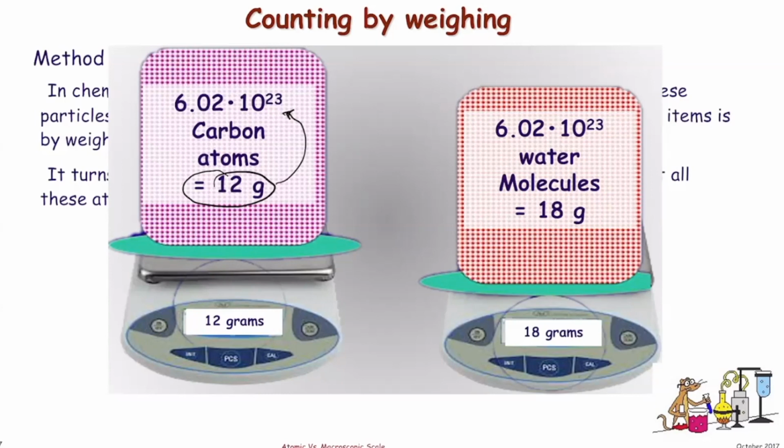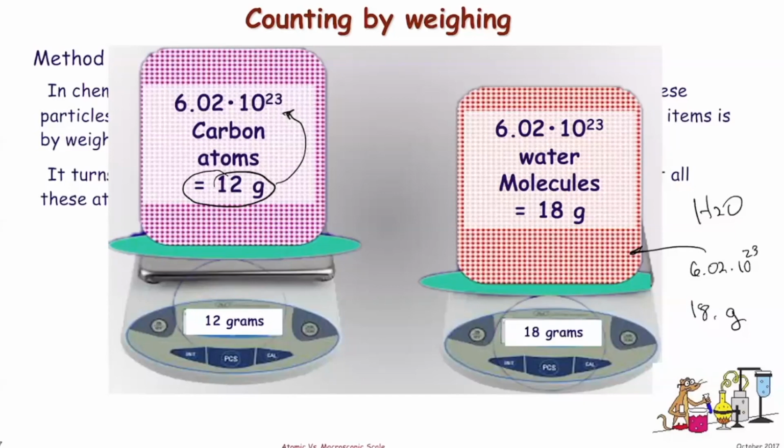If I have a scale and I put 6.02 times 10 to the 23rd water molecules on that scale, guess how much that would weigh? It would weigh 18 grams. So we have something called the molar mass.